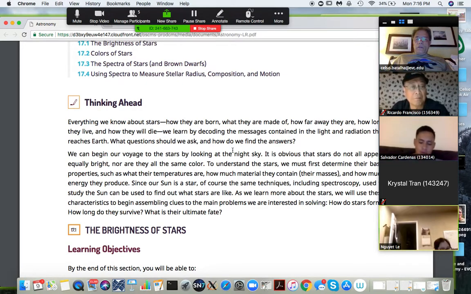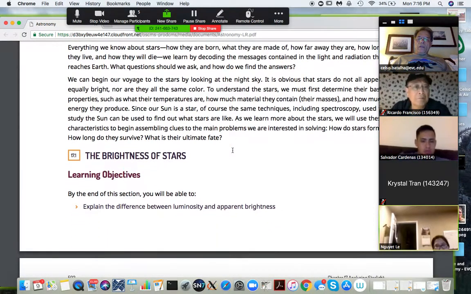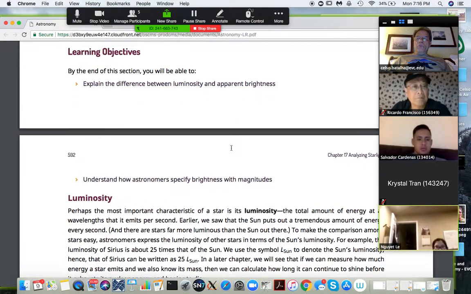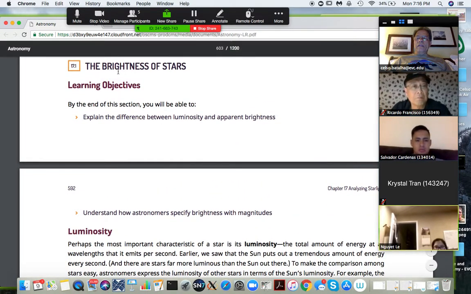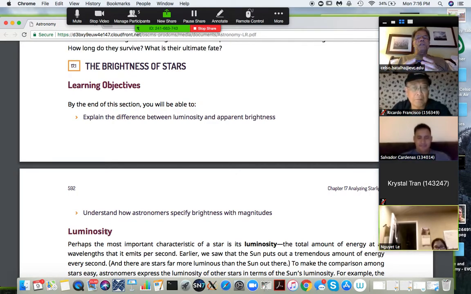So let's go over brightness. There is a major difference between these two terms, brightness and luminosity. Luminosity is a term that gives the amount of energy the star itself sends out per area and per time. When we think about luminosity, it's more like the power of the star per square inch, if you will.